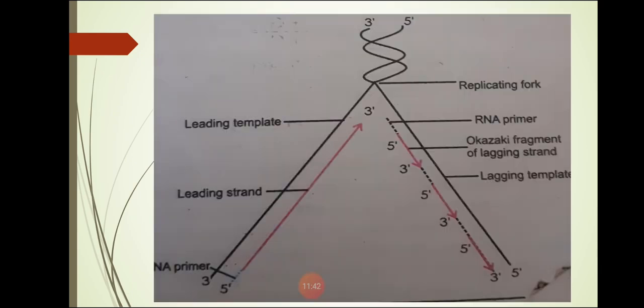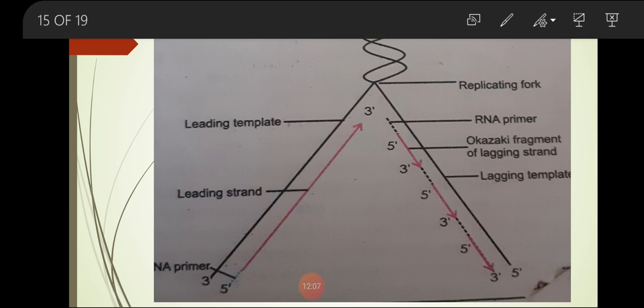You can see here that this strand is formed in fragments, and these fragments are called Okazaki fragments. They are named after the scientist Okazaki. These Okazaki fragments are later on joined with the help of the enzyme DNA ligase.